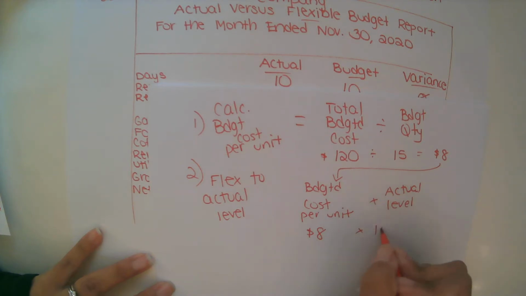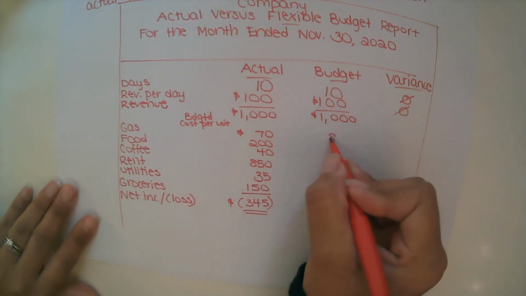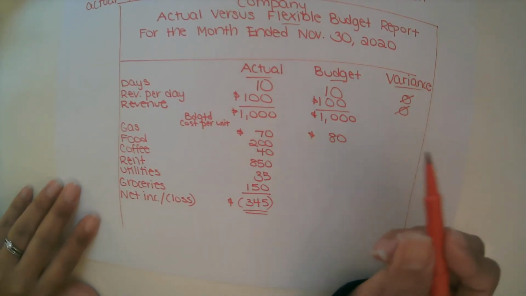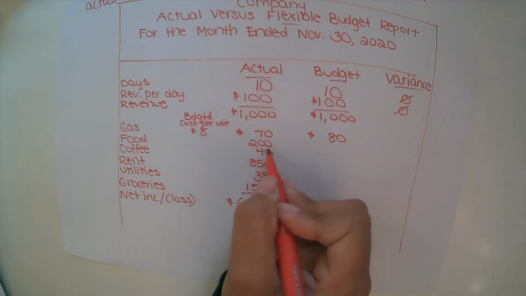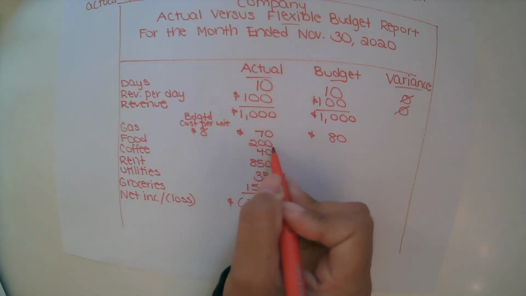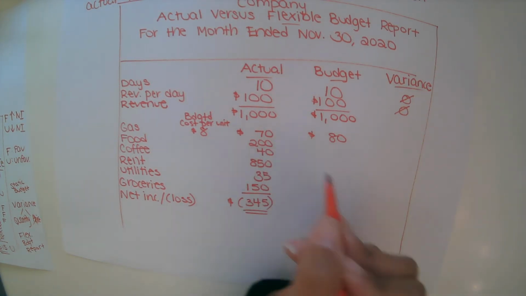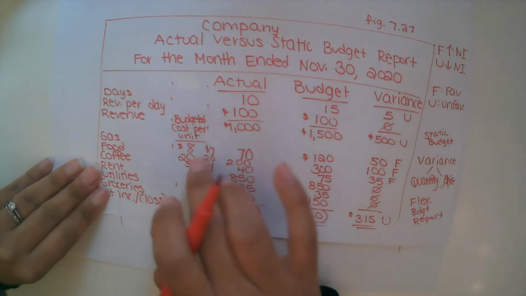So $80. Do the same thing, flex. Let's figure out what the cost is here. It'd be 300 divided by the 15, which is 20.